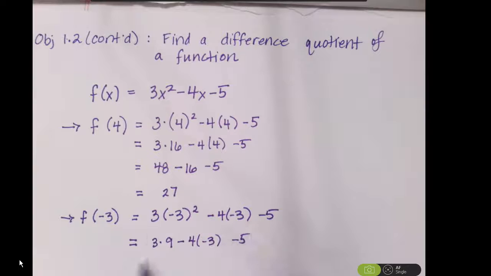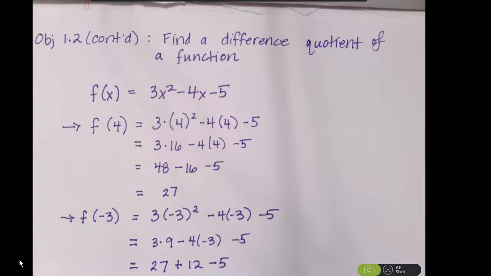In my head I'm working it out already, but I'm trying to stress using your parentheses and following the order of operations. So I wanted to do this multiplication first, then this one. Now I can do my addition and subtraction from left to right. 27 plus 12 minus 5 equals 34. So that's what happens when you substitute a numerical value.